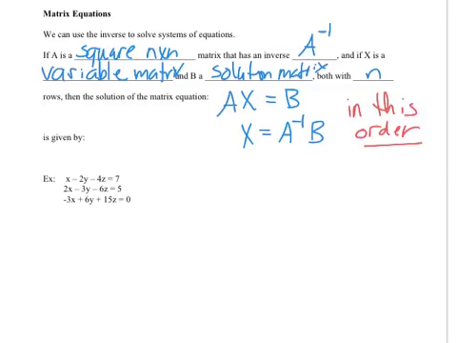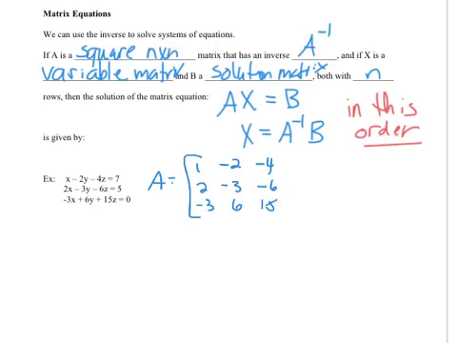Okay, so we will finish with this last example here and then do more in class. Let me show you how this works. Here's my system of equations. I'm going to break this up into three matrices. I'm going to write my coefficient matrix, and it's going to be 1, -2, -4, 2, -3, so it's all the coefficients on the left-hand side, -3, 6, and 15.